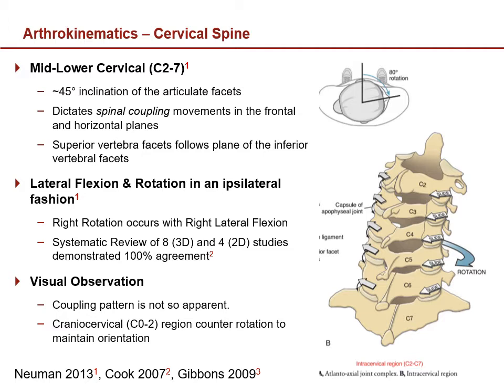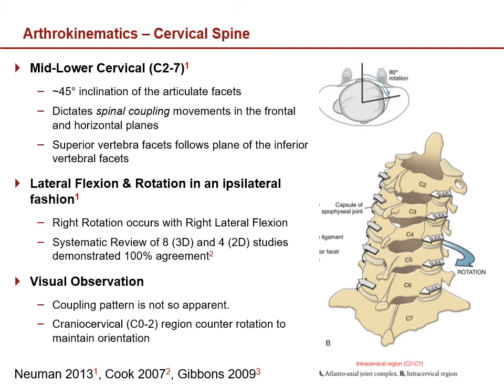angulation or inclination. Lateral flexion and rotation occur in an ipsilateral fashion, meaning that as I rotate to my right, there's going to be ipsilateral side bending to that side, with the exception of the C0 through 2 region, so the upper cervical spine.